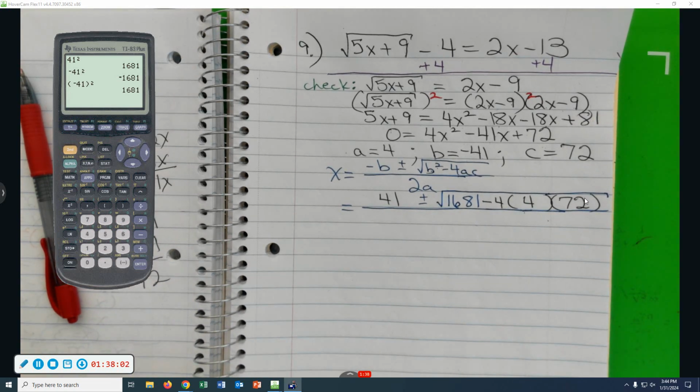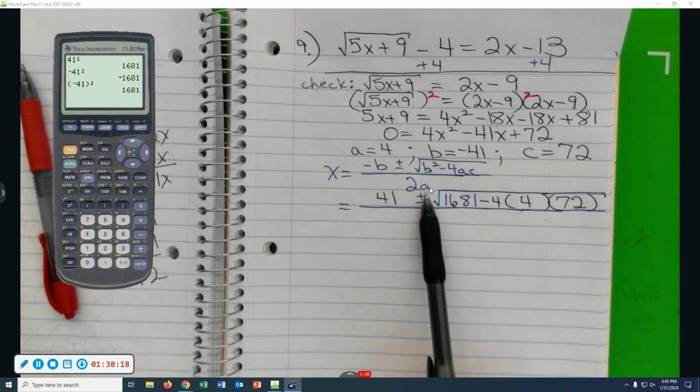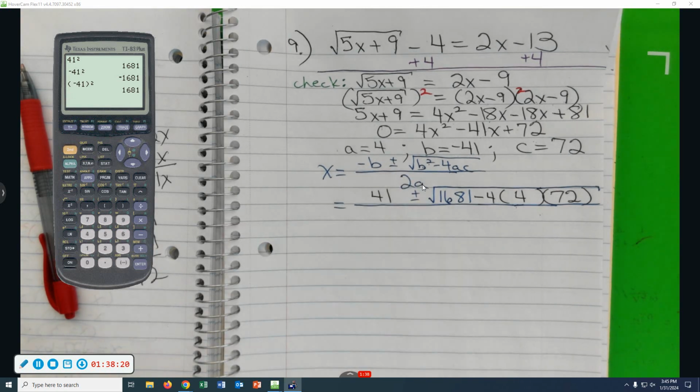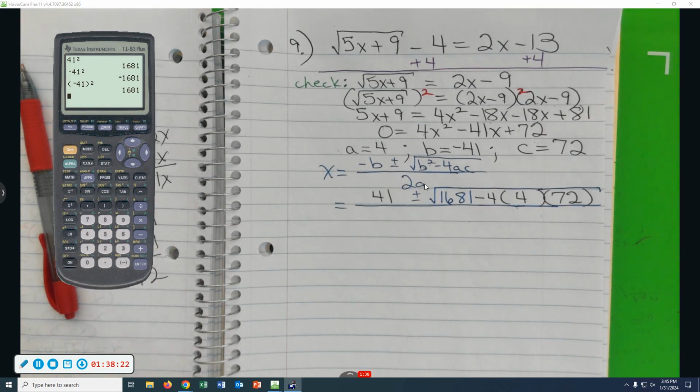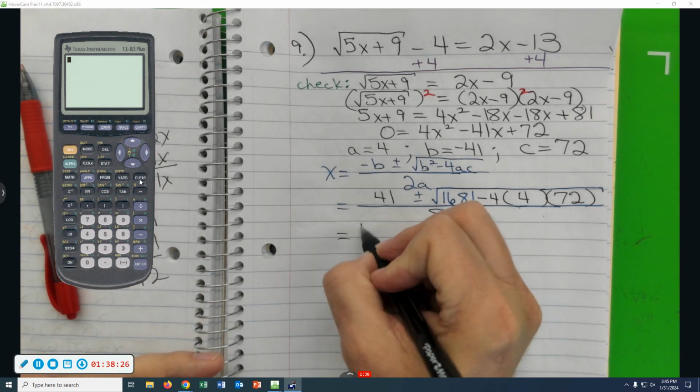You sort of begin to see maybe based on this why I was using a calculator. Because if the numbers are really large, I don't think anyone in here wants to do this by hand. So it's possible, of course. What's on the bottom? 2 times A. What's my denominator going to be? 8. I agree.